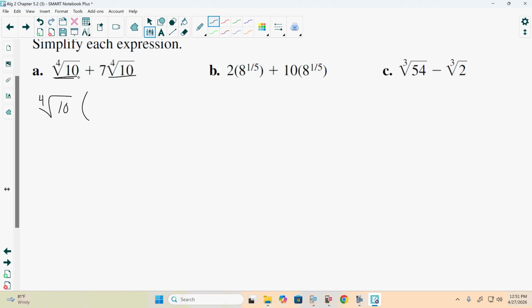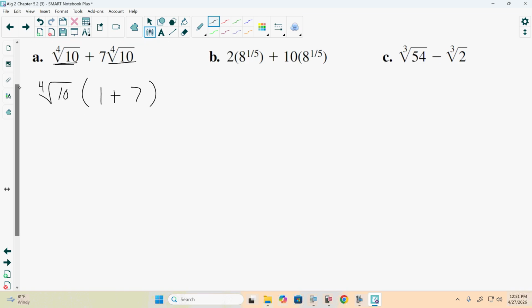If I factor the fourth root of 10 out of the fourth root of 10, I'm left with 1. If I factor it out of 7 times the fourth root of 10, we're left with positive 7. Telling me that I have the fourth root of 10 times 1 plus 7, which is 8. And if we multiply those back together, I have 8 times the fourth root of 10.